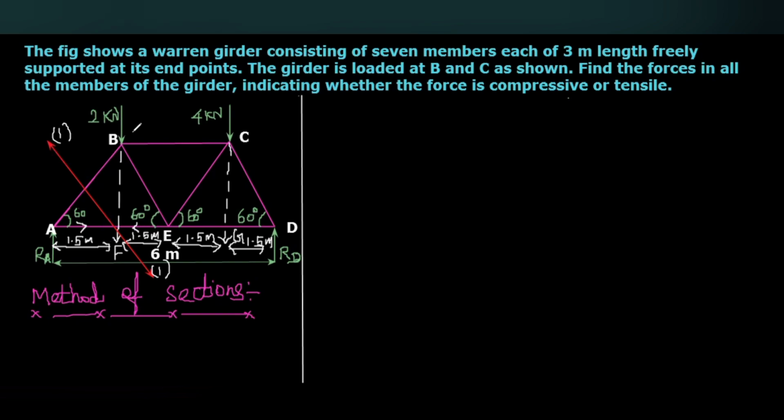So here, in this left side, the reaction RA is the only point load, because the 2 kilonewton, 4 kilonewton, and RD point loads are acting outside, that means not in the considered portion. So those are eliminated.